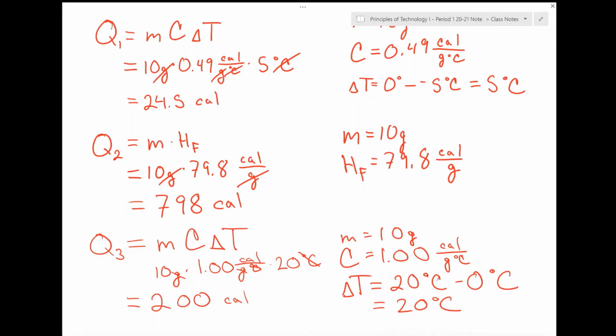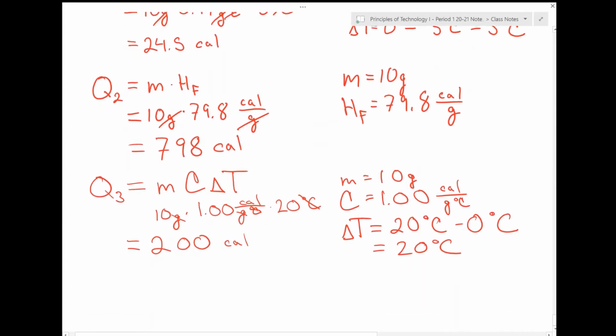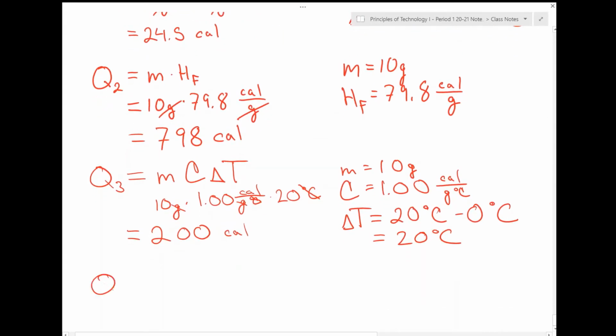Finally, to figure out the total heat that is needed, we add all of these together. We have 24.5 calories to go from negative 5 degrees Celsius to 0 degrees Celsius. We have 798 calories to melt the ice.